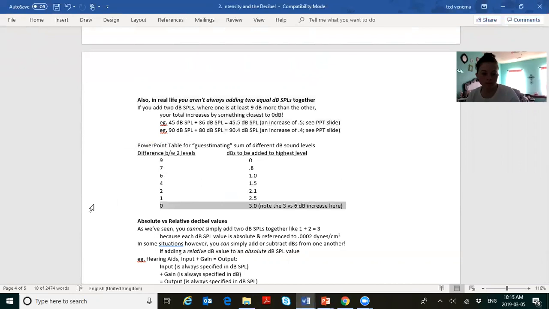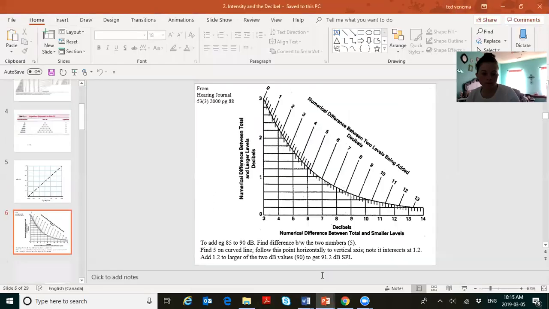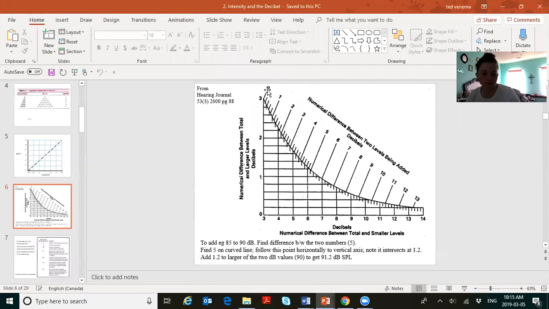They're almost never identical in frequency. Okay? So that's why you're just saying 3 instead of 6. So when you're adding two sounds together and they are equal in intensity, there's no difference between the two levels, you're going to go up by 3. And that's what this picture here was showing you. Okay? If there's no difference, you're going to go up by 3.